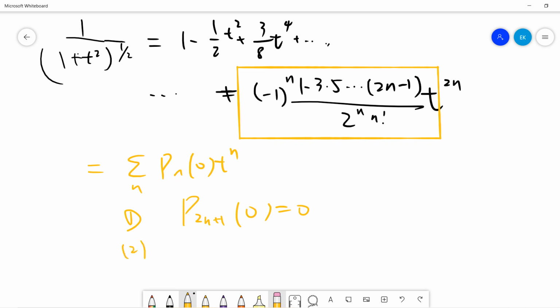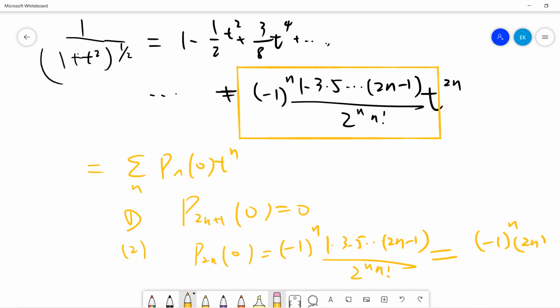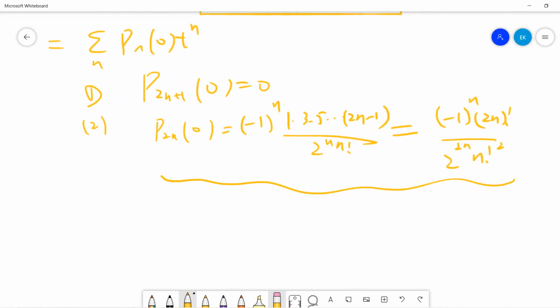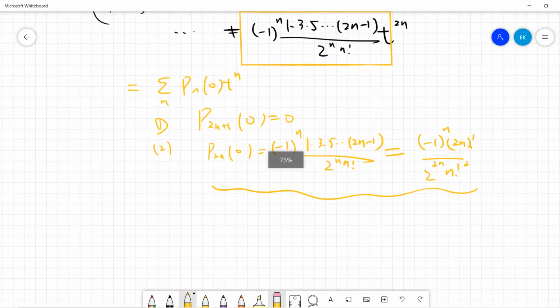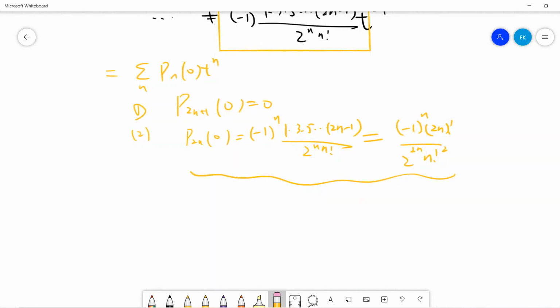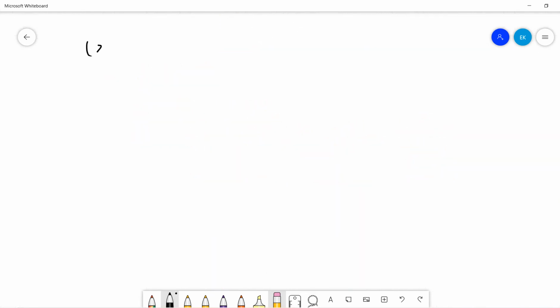But P_{2n}(0) is basically (-1)^n times 1 times 3 times 5 up to (2n-1), over 2^n n factorial, which you can change into (-1)^n (2n)! over 2^{2n} (n factorial) squared. So that is this paragraph.